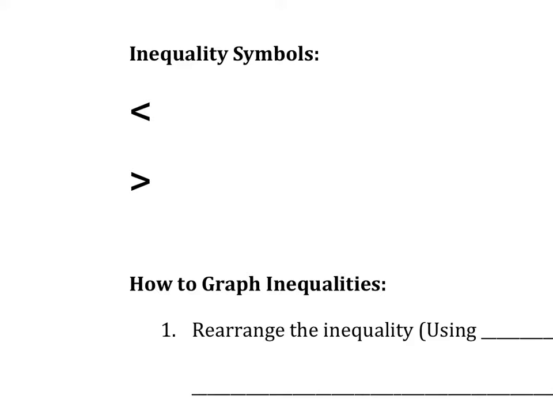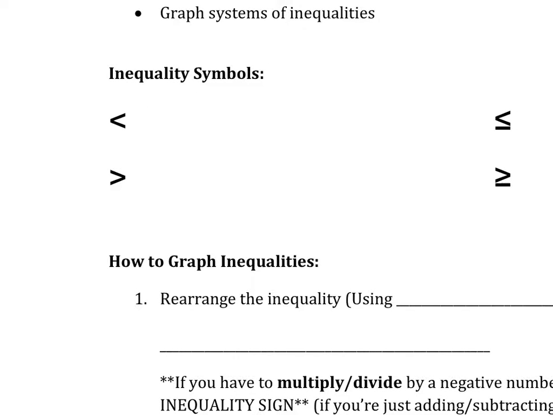So it just depends on whatever way this symbol is facing. The small end is always pointing towards the smaller number, the smaller value, and it's opening up towards the bigger value. So this symbol is the less than, because whatever's over here is less than this.